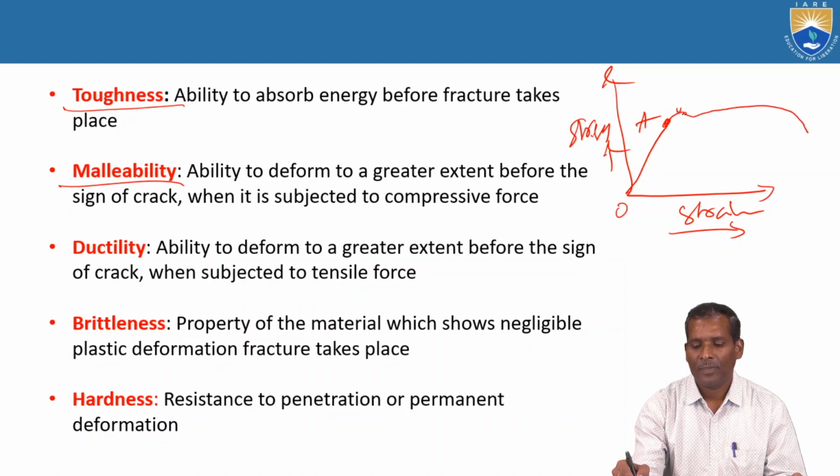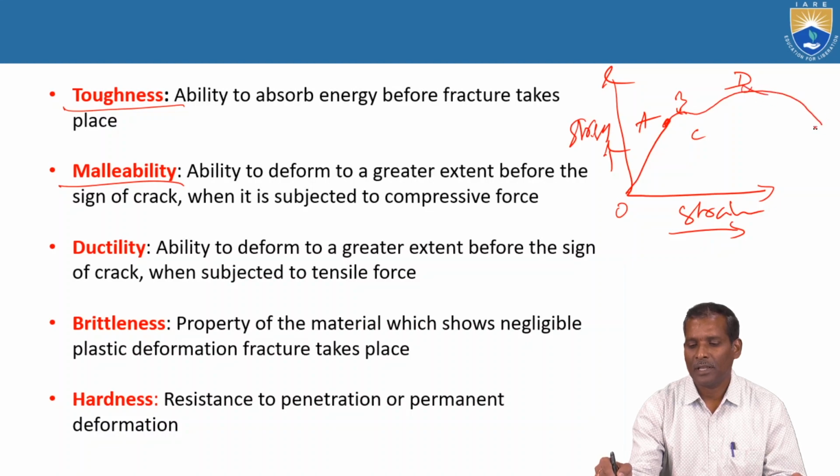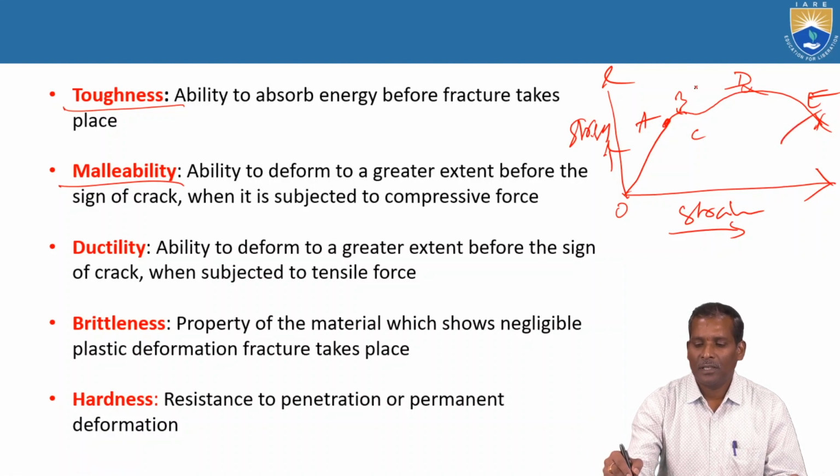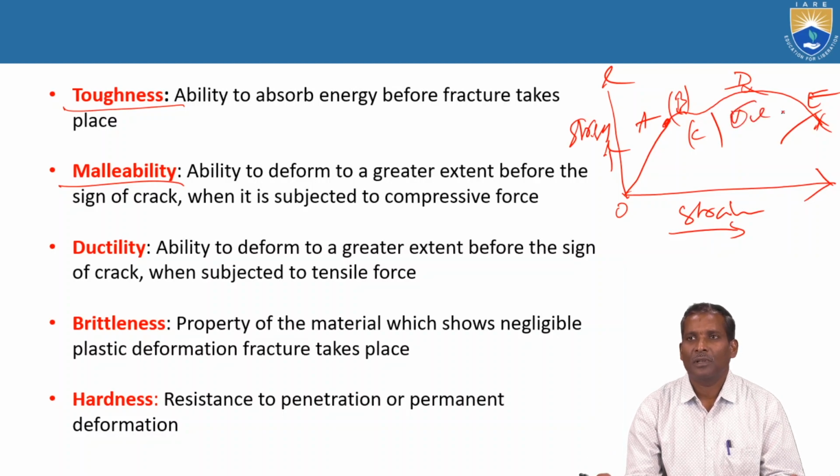So here upper yield point, lower yield point, and the maximum ultimate stress, and this one is failure, the fracture point. So before fracture is the yield, B and C, upper yield and lower yield. This is the ultimate stress, sigma U.